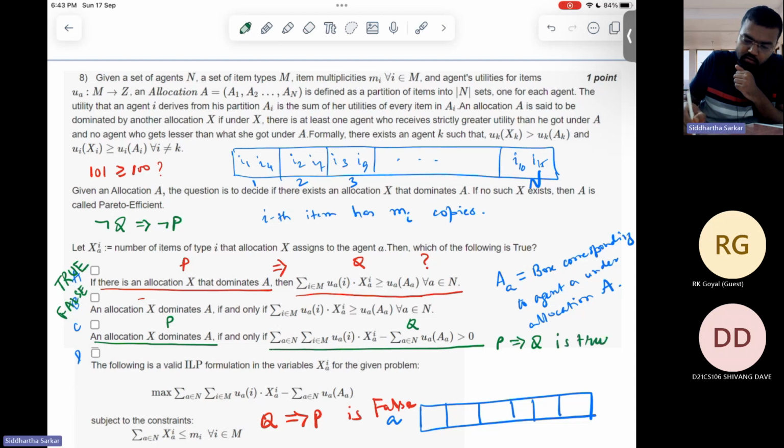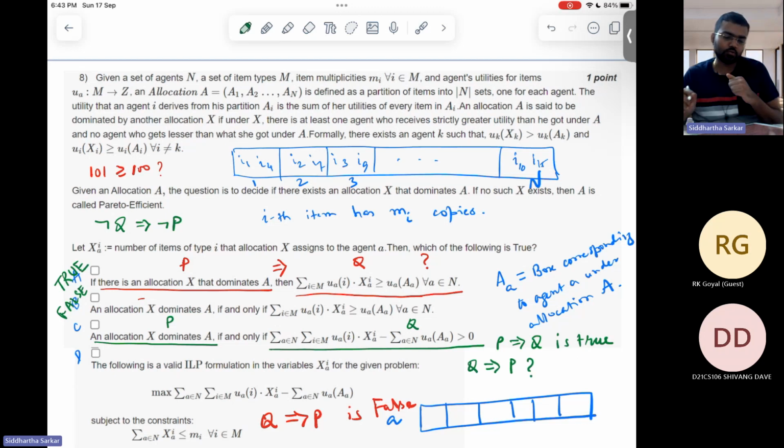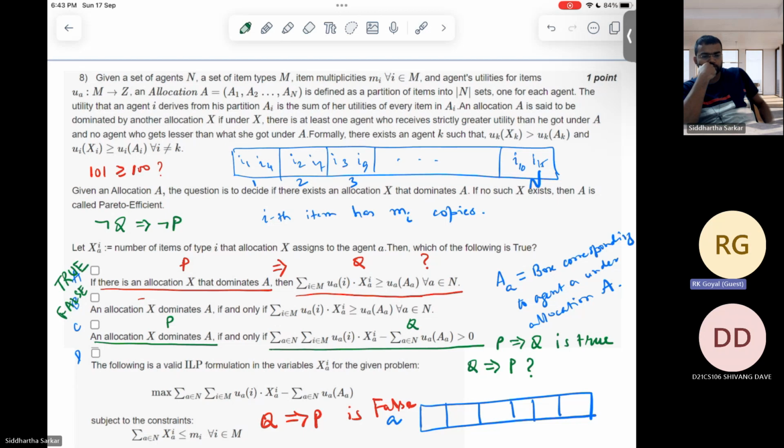But what about Q implying P? Is that true? So if this difference is positive, then it is not necessary that X will always dominate A. Quite possible that some of the agents may be receiving less utility and the other one may be getting quite high utility, thereby making the difference positive.